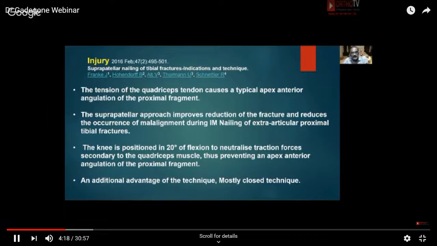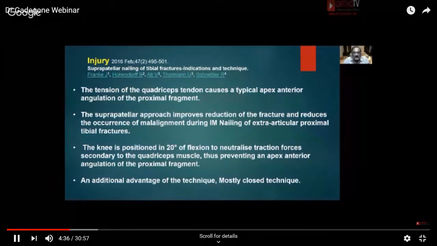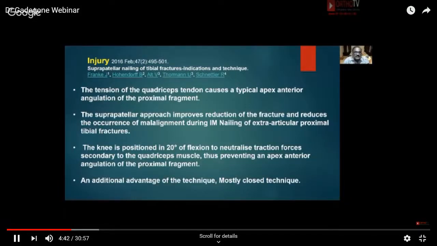The knee is positioned at 20 degrees of flexion to neutralize the traction forces of the quadriceps muscle, thus preventing apex anterior angulation of the proximal fragment. In addition, an advantage of this technique is that it is mostly a closed technique, as proximal tibial fractures are often associated with soft tissue injuries.